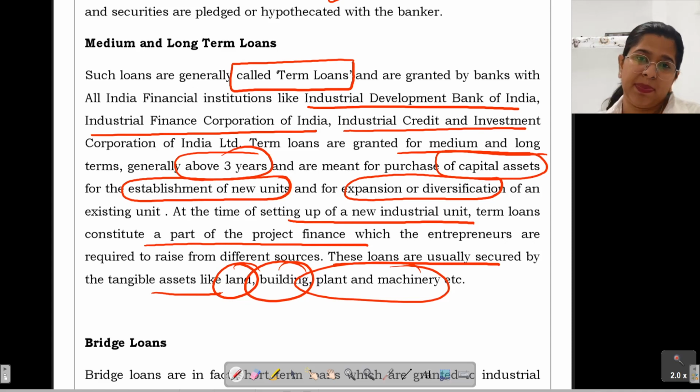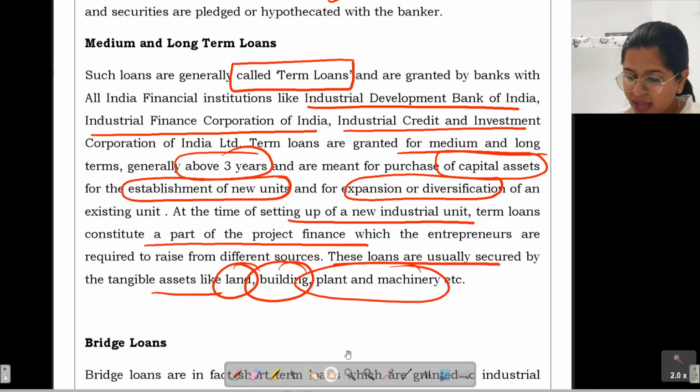Inventory is for a shorter period of time and the loan that we are seeking over here is a long term loan. So whatever the duration of your loan, you are providing the security for that period only. So if my loan here is medium or long term, then the security that I should be giving should also be of medium or long term tenure, that is land, building, plant and machinery.